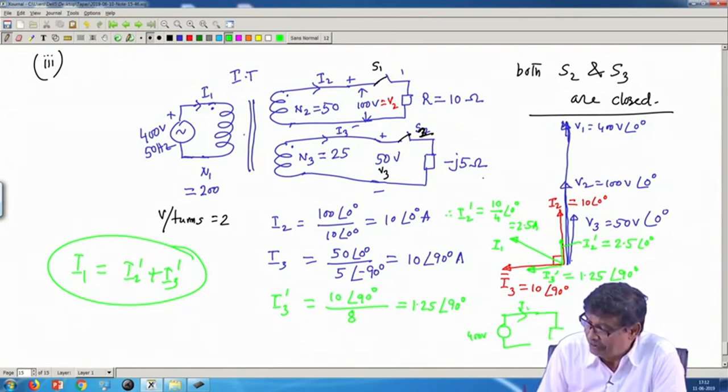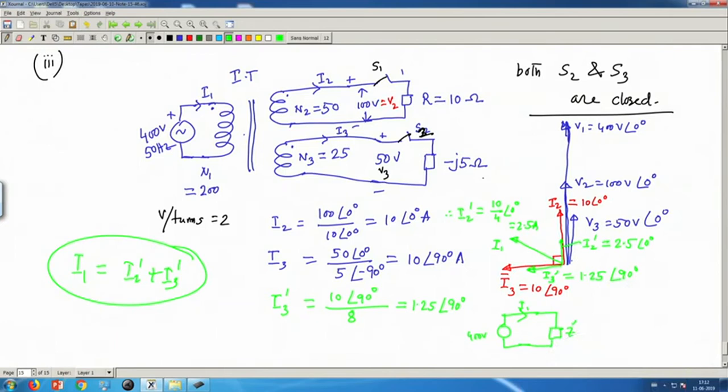Therefore, the impedance seen by the transformer, Z dashed, will be simply this voltage by this current. I 1 you have to calculate, it will have some magnitude and some angle. This voltage divided by this current will then give you the impedance seen by the transformer.